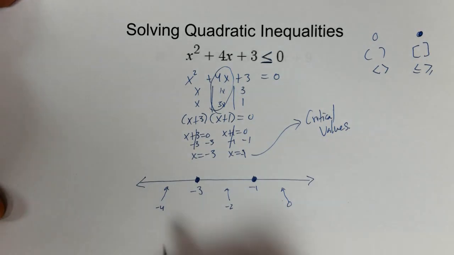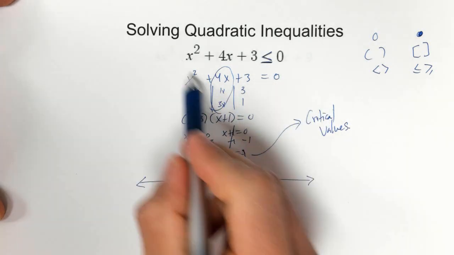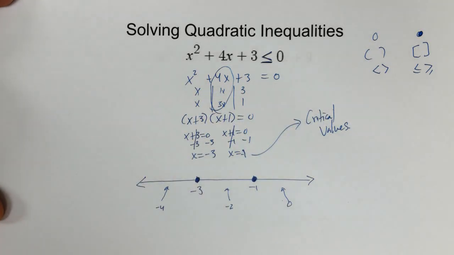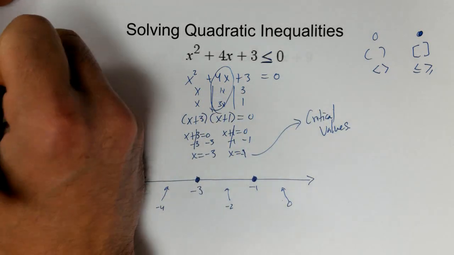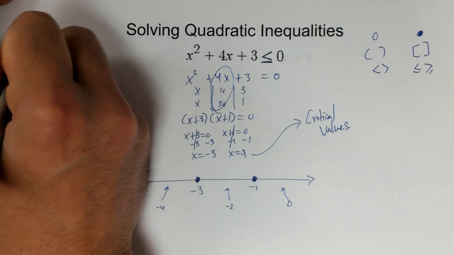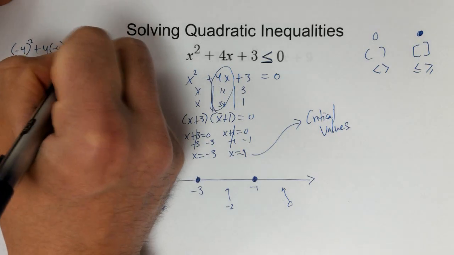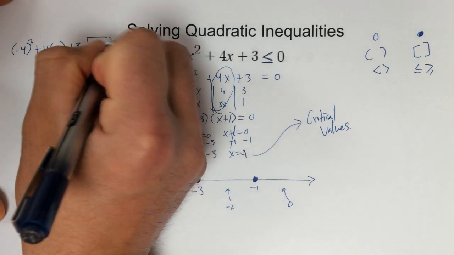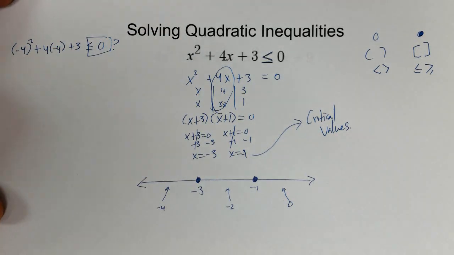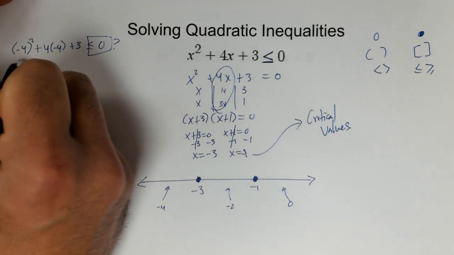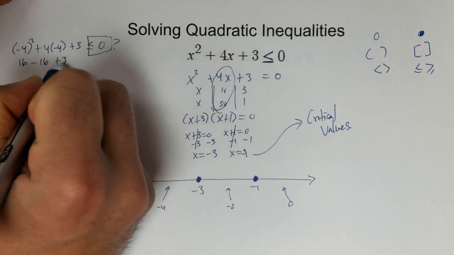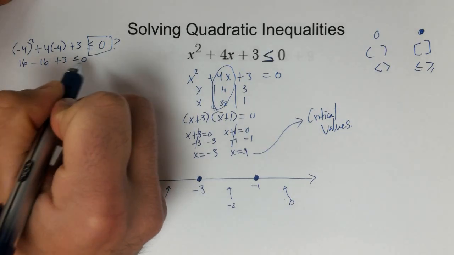So let's plug in negative 4. I'm going to plug it into my original inequality to see if that statement is true in that range. So we got negative 4 squared plus 4 times negative 4 plus 3. Is that less than or equal to 0 is my question. Right? And as I simplify, I get 16 minus 16 plus 3. Is that less than or equal to 0?